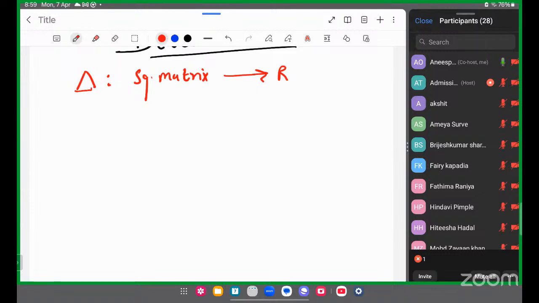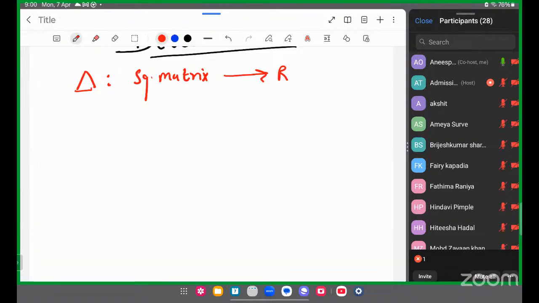Determinant is a function whose input will be any square matrix and whose output will be a real number, which means determinant assigns a real number to a square matrix. For a square matrix, there will always be a particular number which is known as the determinant of the square matrix.